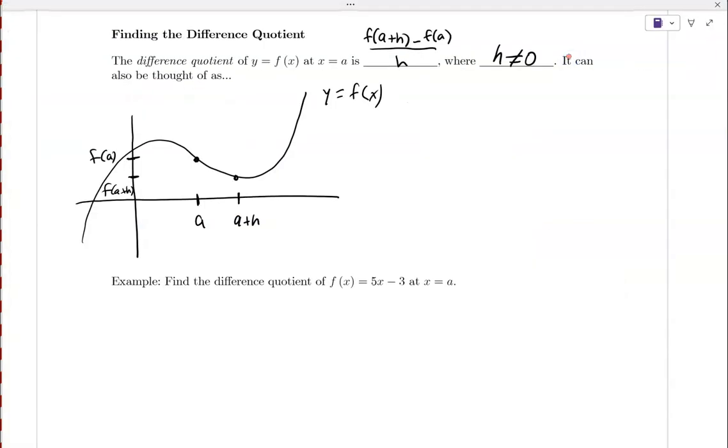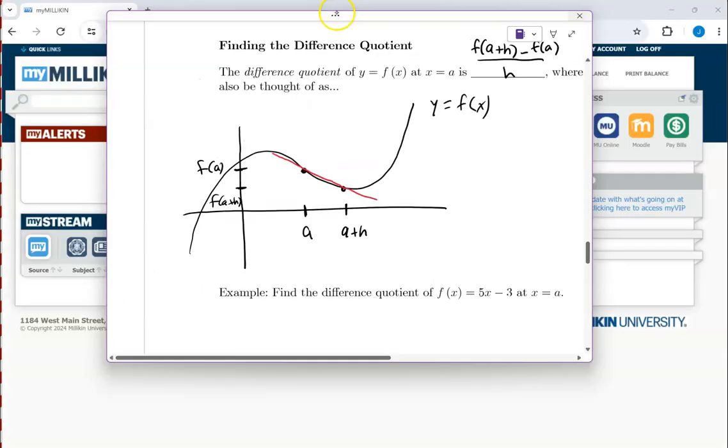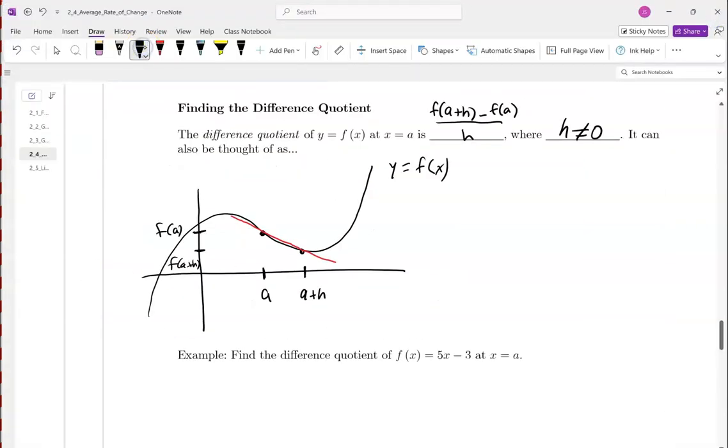If I look at the line between those 2 points this way, can we figure out what the slope of that line is? Don't know why it won't let me switch my color back.